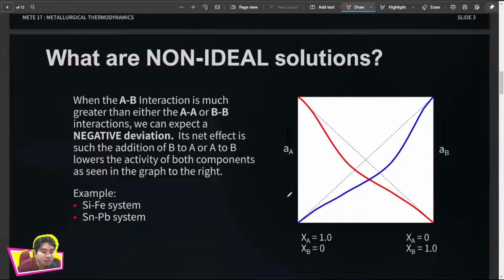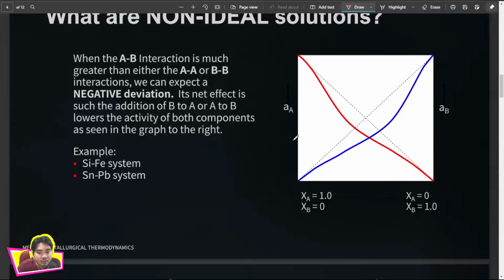So if you look at a graph, this is the graph from earlier. This is the activity versus the percent composition. So this is where you have 100% A or 0% B, and here 100% B, increasing B in this direction. You'll notice that in ideal conditions, it was straight earlier, like this.